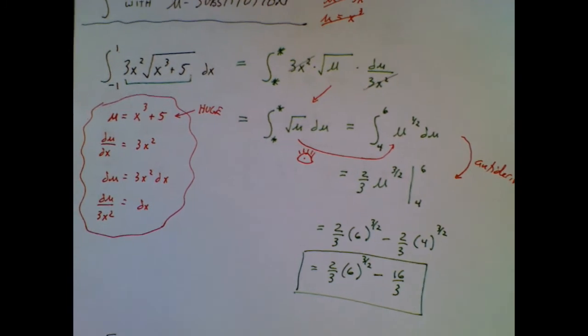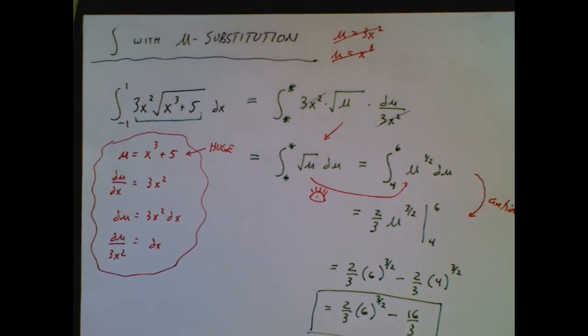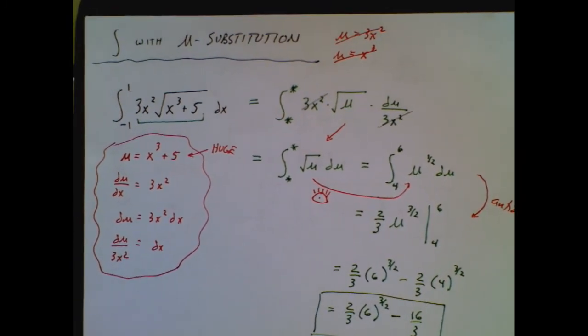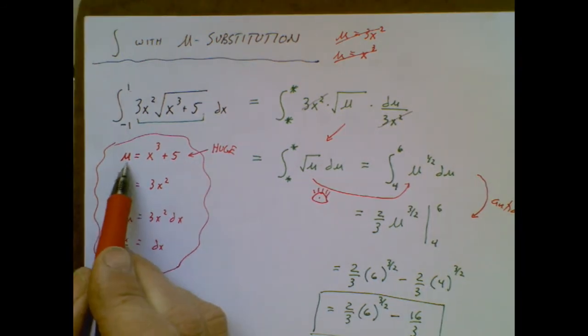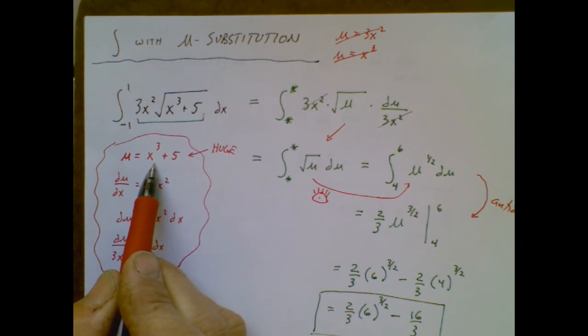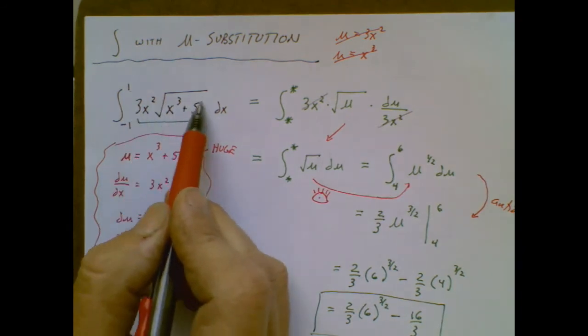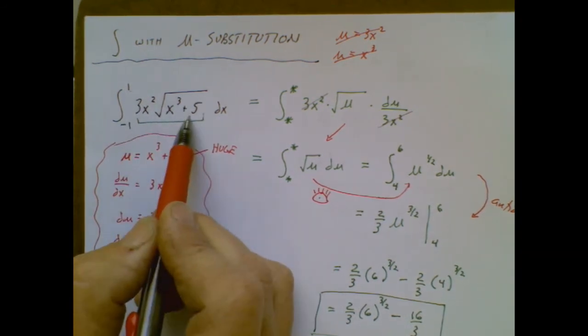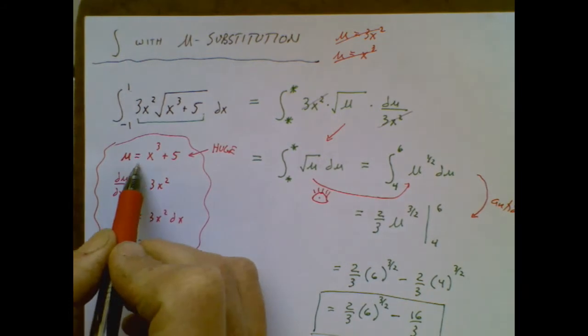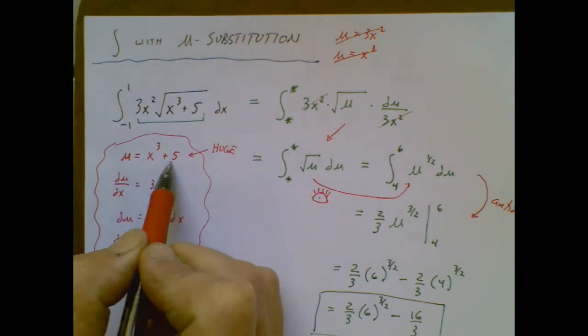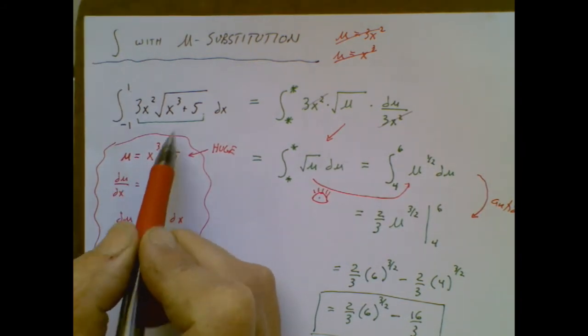All right, so the first time through, that should be a very, very difficult procedure because you've never seen it before. And I also told you that I would eventually tell you why I chose u equals x to the 3rd plus 5. Here's why. As you look in your integrand and you realize you're going to use u substitution, your major decision to pick u hinges on this thought.